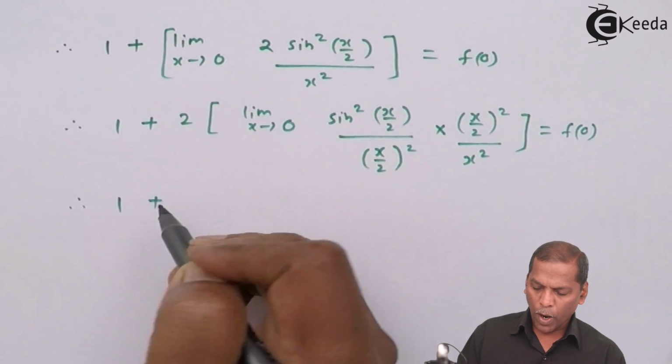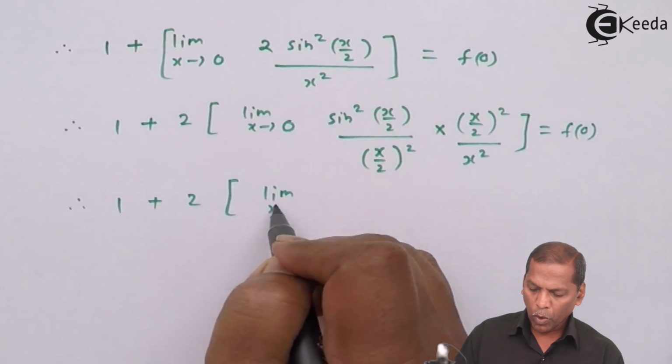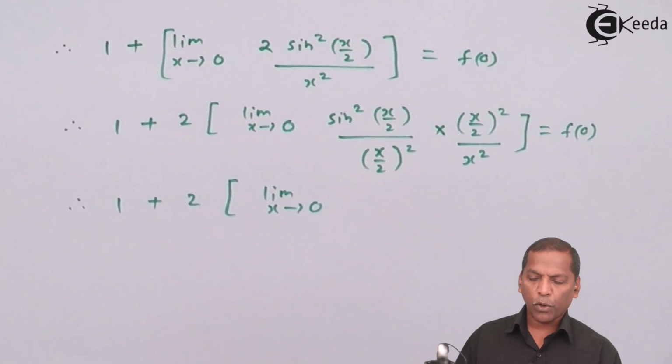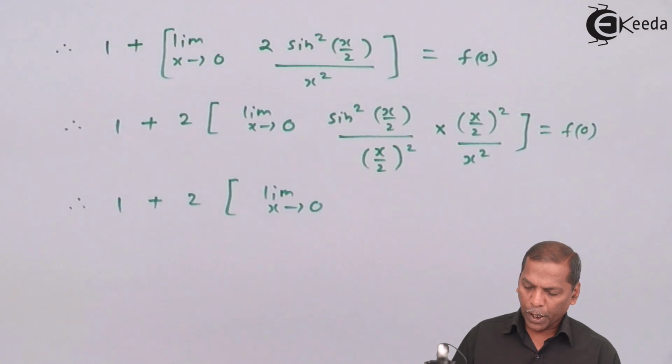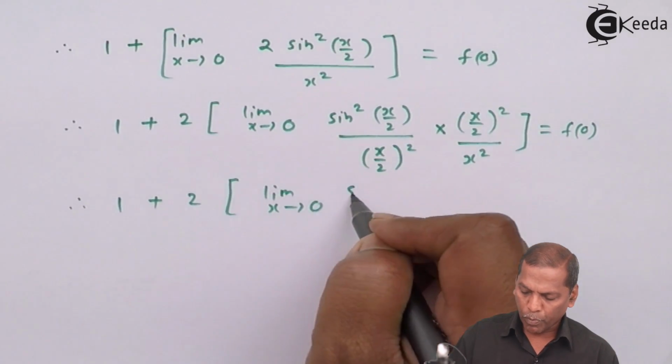Therefore, 1 plus 2 into limit x tends to 0. Here we take square common from numerator and denominator.